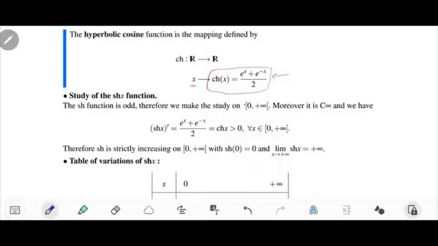Now we will study these two functions. Since sh, the hyperbolic sine, is an odd function, we can make the study only on 0 to plus infinity. And since it's also a C infinity function, we will differentiate it.